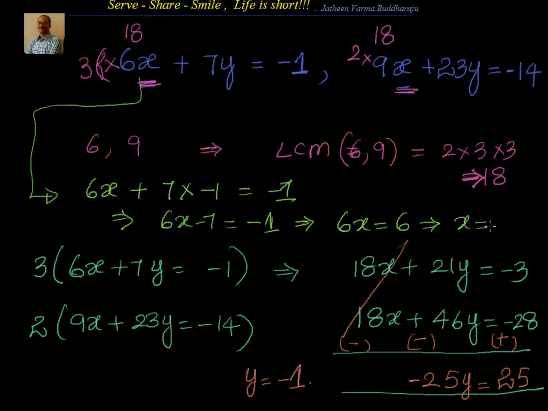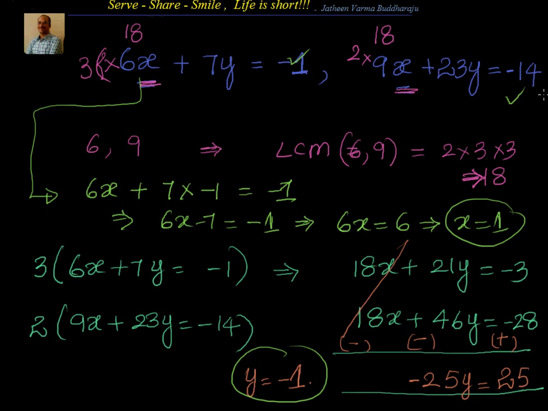That gives me x equal to 1. So we have x equal to 1 and y equal to minus 1. Let's substitute that and verify. 6 into 1 is 6, 6 minus 7 is minus 1. 9 into 1 is 9, 23 into minus 1 is minus 23, so 9x plus 23y is minus 14.